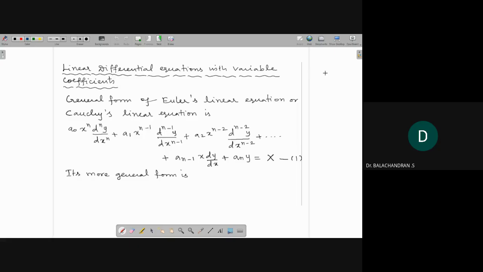Now, linear differential equations with variable coefficients. The coefficients are variable here.